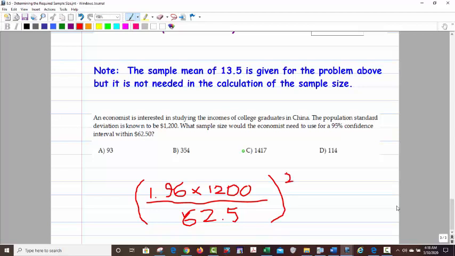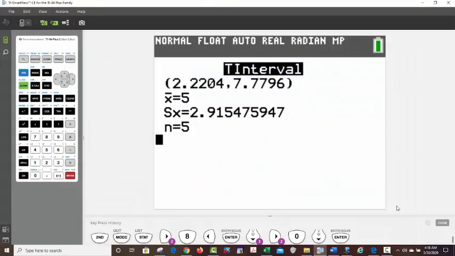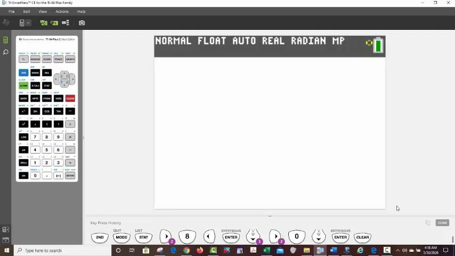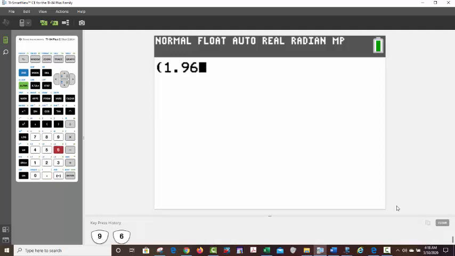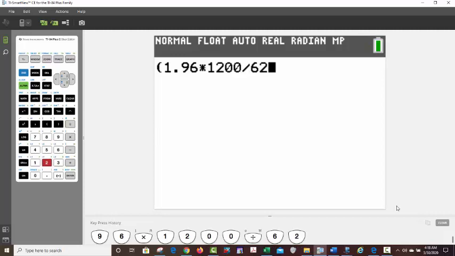All right, now let's put this in the calculator. We're going to clear that. We're going to say 1.96 times 1,200 divided by 62.5 squared.